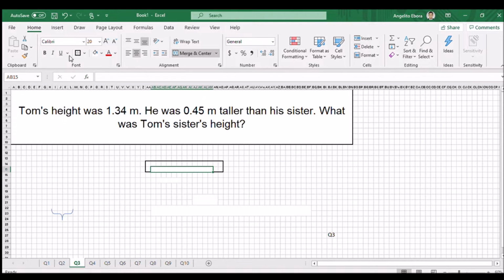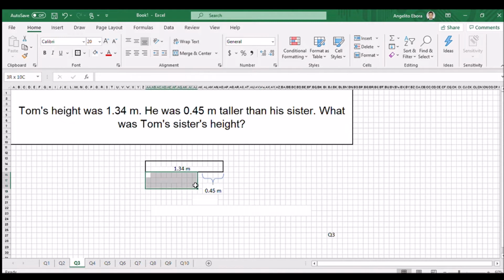Let's write 1.34 meters from here until here. And then the sister is shorter, definitely, because Tom was taller. So 0.45 taller. I put this to show that Tom is taller by 0.45 meters.